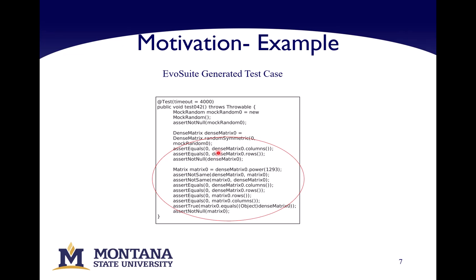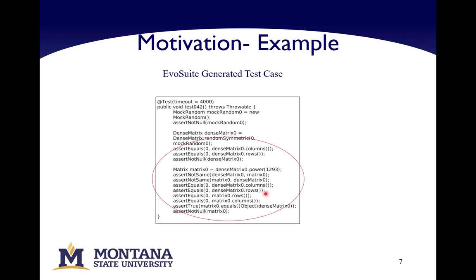Though this test case has 100% code coverage, the test oracle here is trivial because it is only checking the dimension of the matrix rather than checking the necessary properties of that matrix.